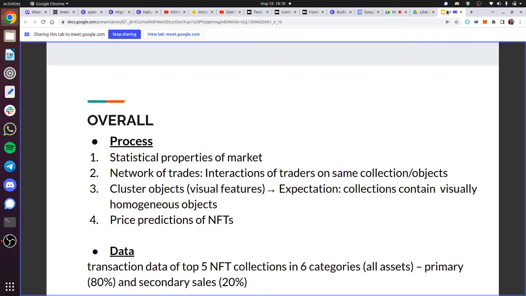And the fourth, the last step, they did a price prediction of the NFTs, and the data they use is the price data on the transaction data in two markets, 80% for the primary sales, and the rest belongs to the secondary sales, using 5 NFT collections in 6 categories. Next, please.